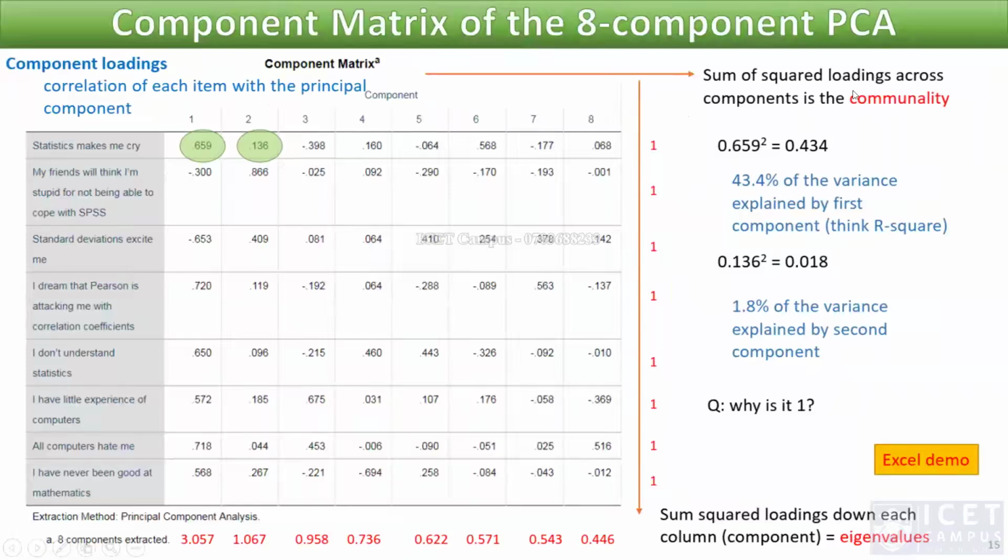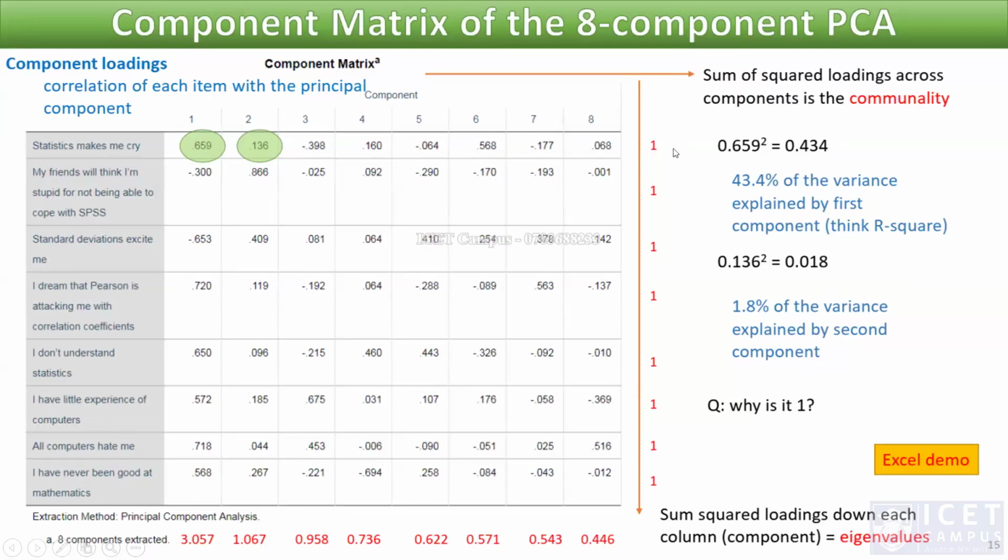Then, as I explained in the theory part, the sum of squared loadings across the components is the communality. It means we need to square this one and square this one, and if we add these, we get the communality. And the eigenvalue is the sum of squared loadings down the column. So we square all of these, and if we add these 8 components, we get the eigenvalue. So there are two terms, the communality and the eigenvalue.